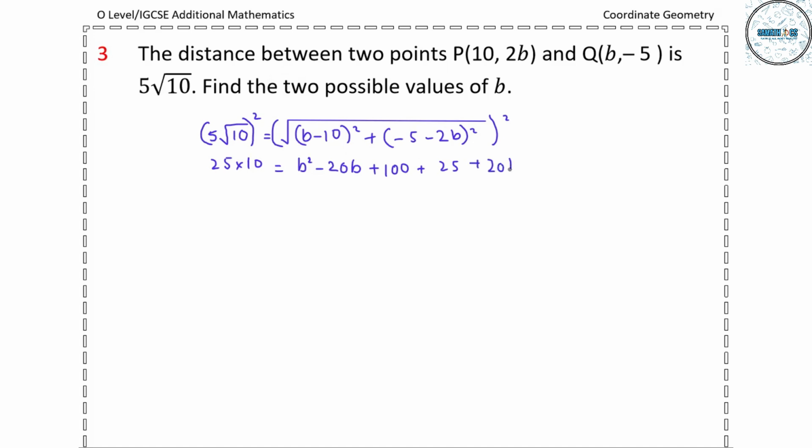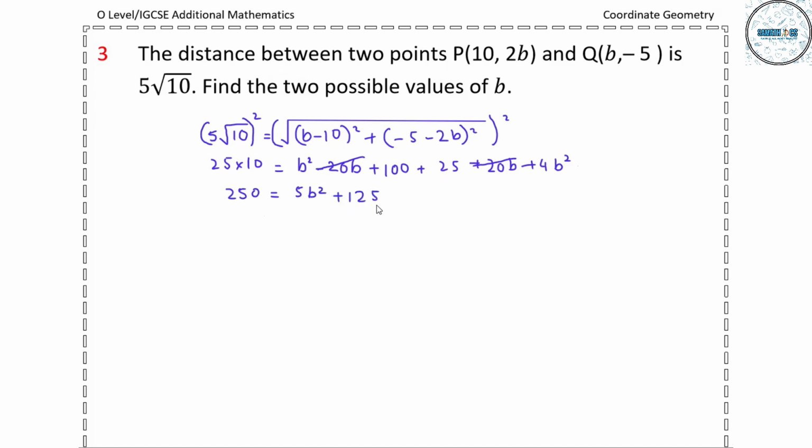So 20b plus square of this 2b, so it is 4b square. Now minus 20b and plus 20b would be cancelled out. We will be left with 250 is equal to b square plus 4b square is 5b square. 100 plus 25 is 125.